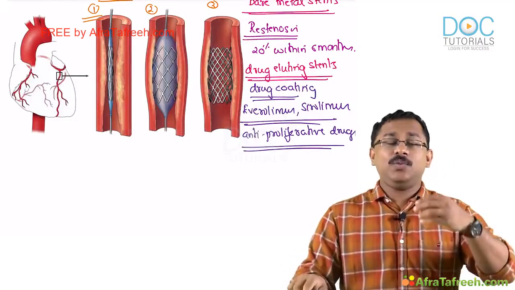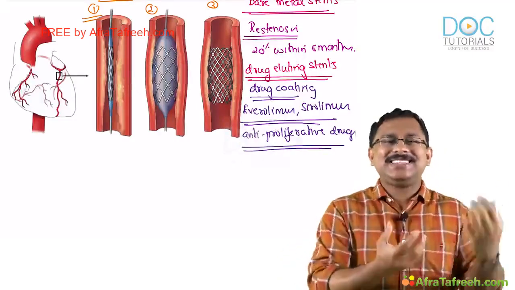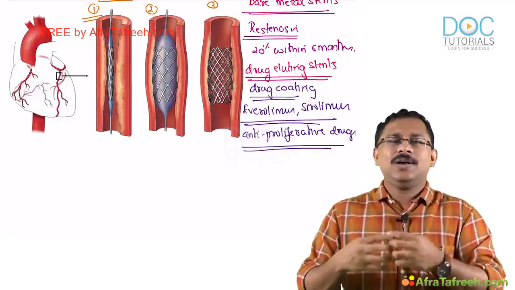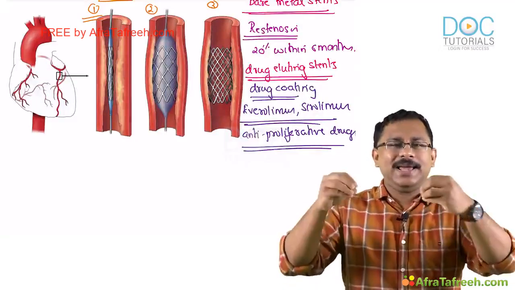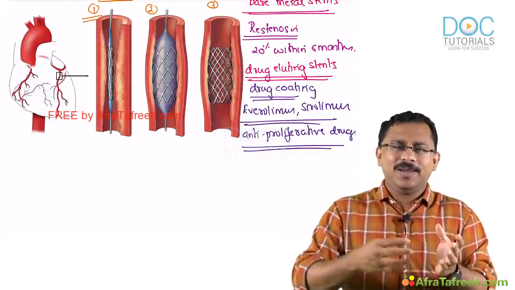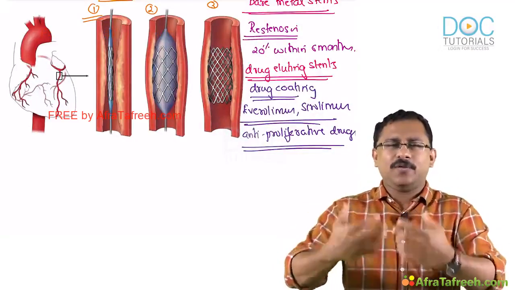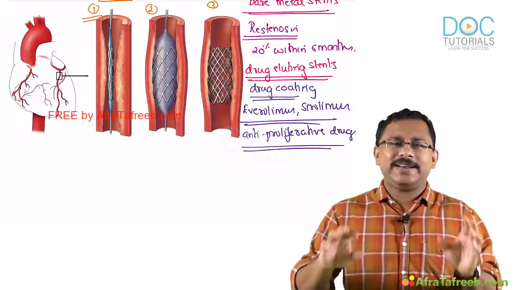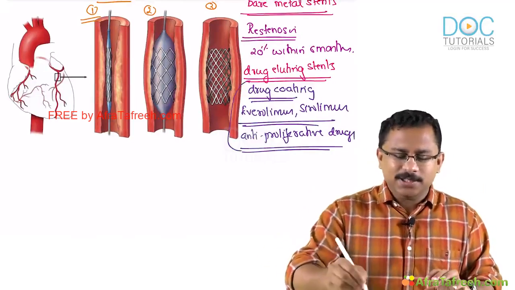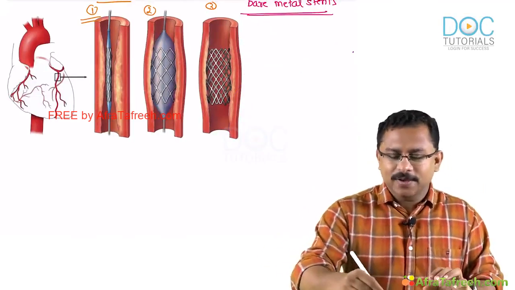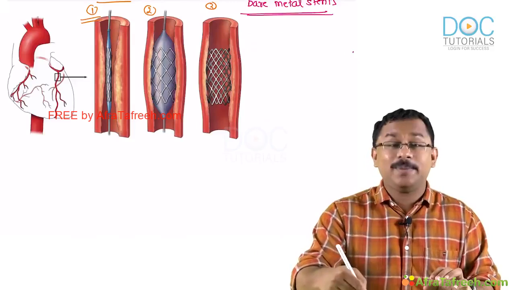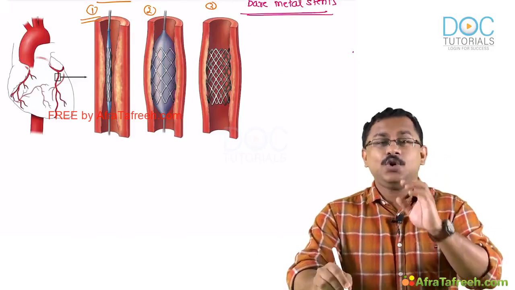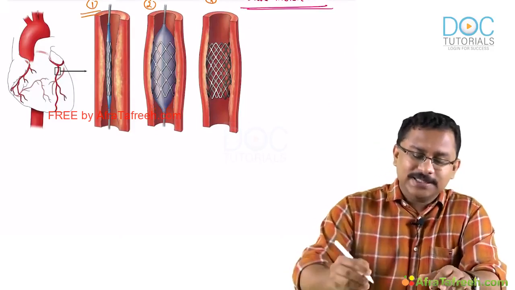Anti-proliferative, which means there should not be a restenosis, because even if you deploy a stent in situ, there is always a chance that platelets can come there, or the atherosclerotic focus can develop again. So there is always a risk of restenosis, but the advantage with drug-eluting stents is this: remember I told you with bare metal stents you had almost a 20% chance of restenosis.